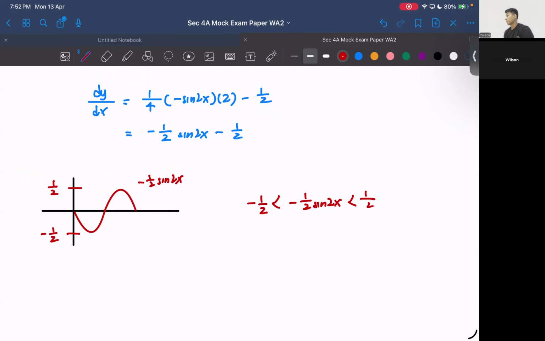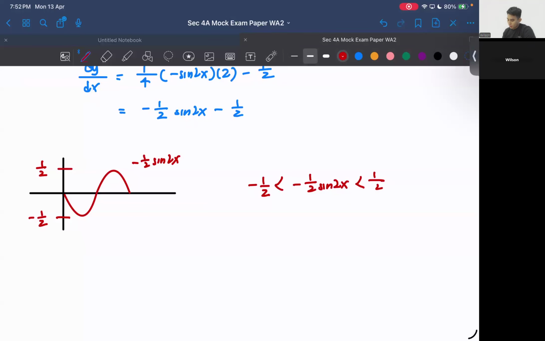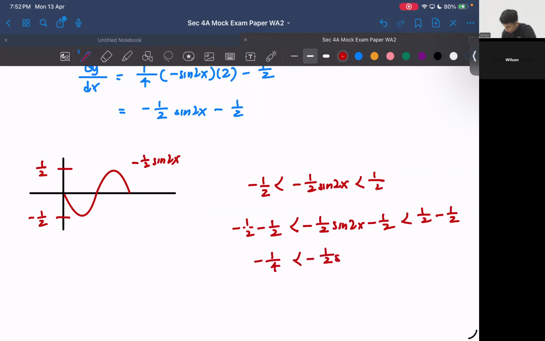Because I still have a vertical shift of negative half, I just add the negative half. So negative half minus half is in between negative half sine 2x minus half and half minus half. So this is negative 1/4, negative half sine 2x minus half, and this will be 0.